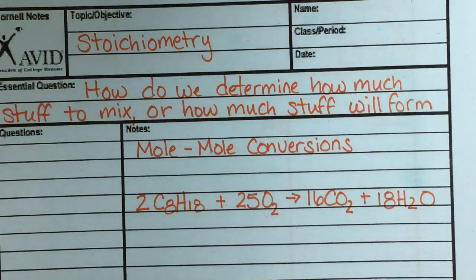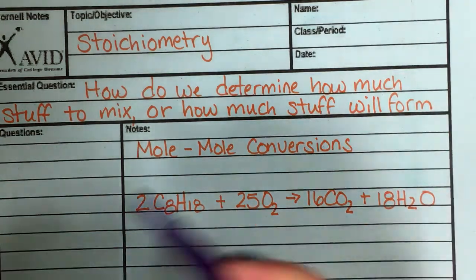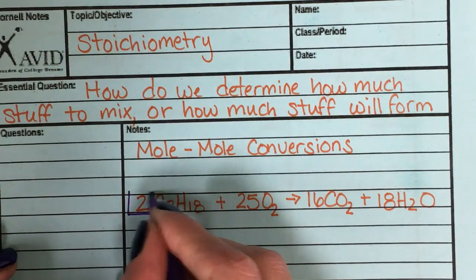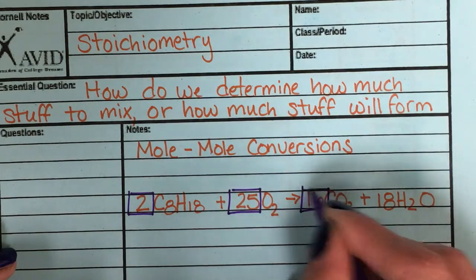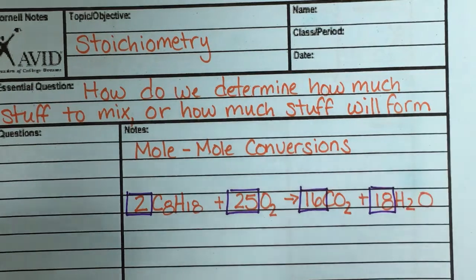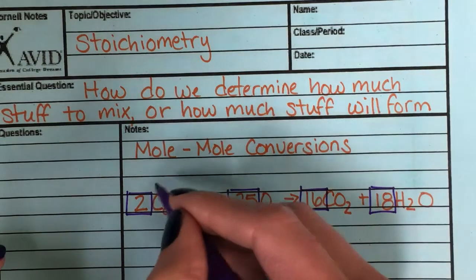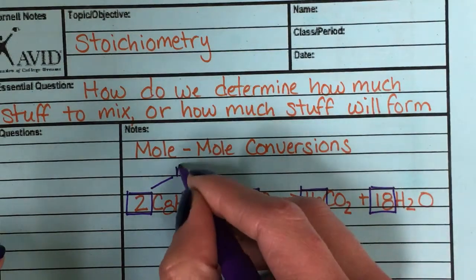So we spent a lot of time learning how to balance our chemical reactions. And it turns out that we still need to be able to balance these because this is what we're going to use to figure out how much stuff to mix. Now we spent all of this time figuring out our coefficients, our numbers in front. These numbers in front tell us how much stuff we need to mix in terms of moles.